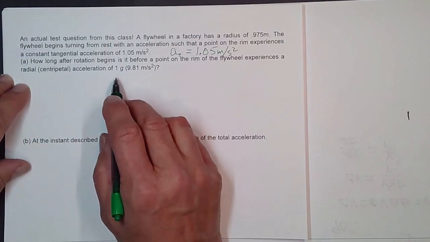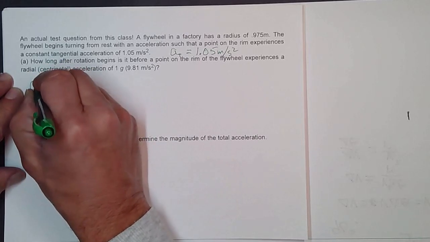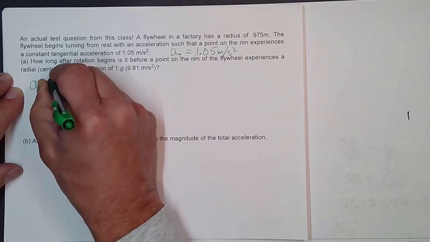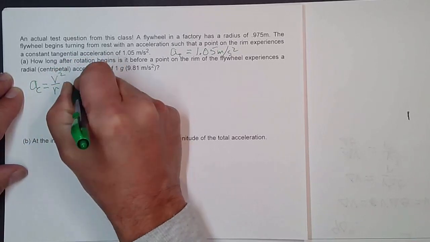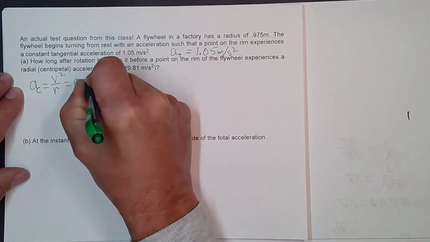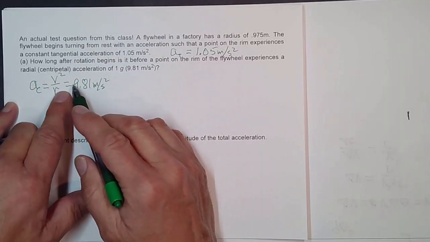If it's experiencing a centripetal acceleration of 1 g, that means a sub c, which is v squared over r, is equal to 9.81 meters per second squared. Well, I can figure out what the v has to be at that time.